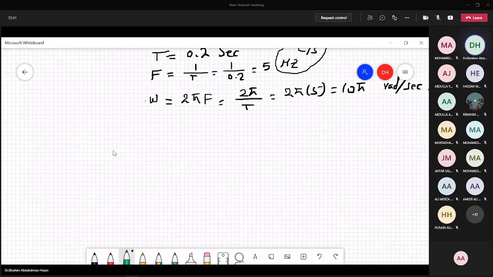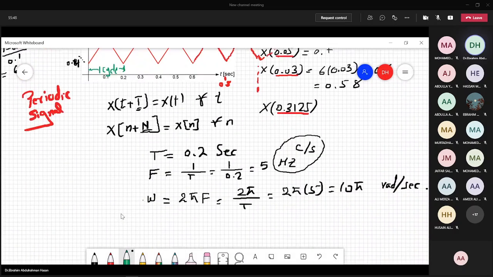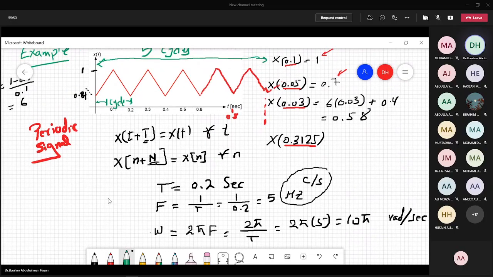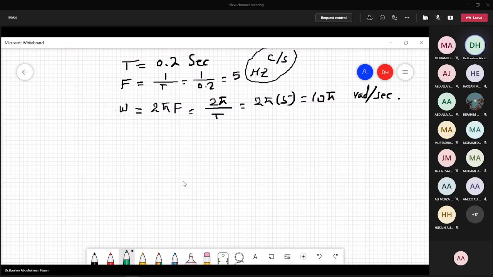Okay. How to find the period? Sometimes, if you have x of t, then it is very easy to find the period. But let's say that we have sine and cosine, sine omega t.